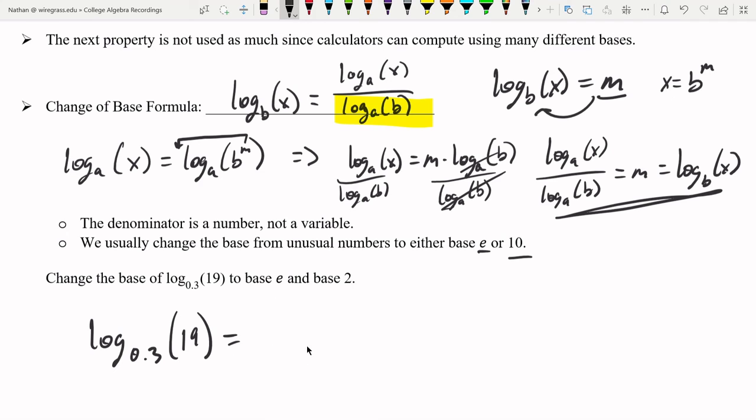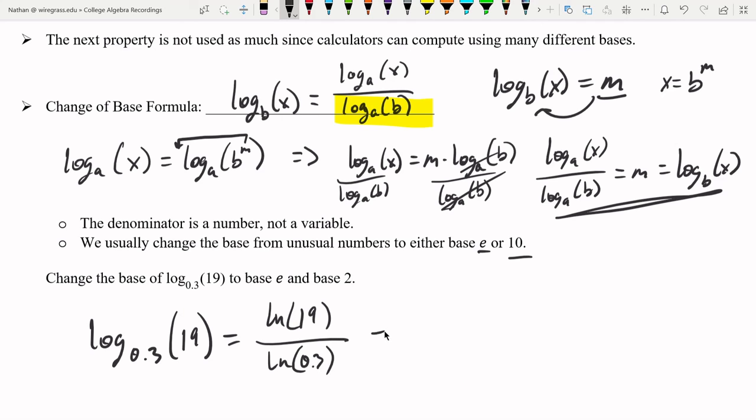Let's change it to base e. So how it works, you're going to change the new base, log base e, or what I should write is the natural logarithm. On top goes the inside of the logarithm, so we have 19. And on bottom goes the previous base, 0.3.